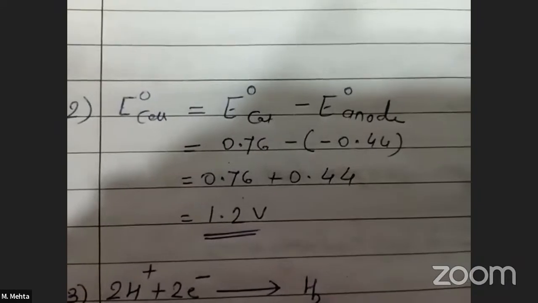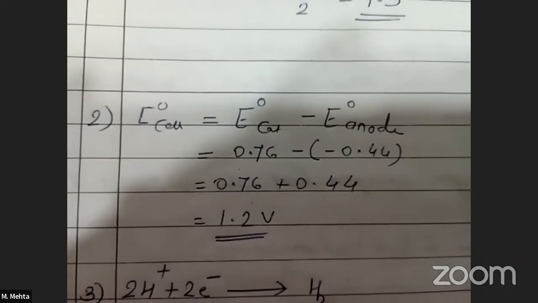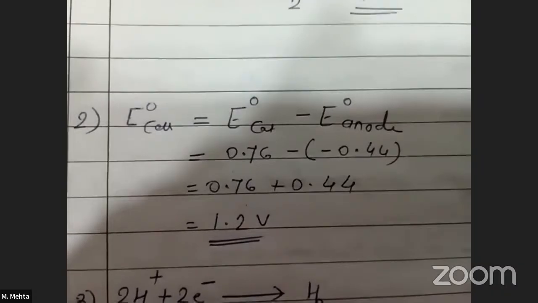From that we can decide E0 of cathode and E0 of anode. The positive value will be E0 of cathode and the negative value will be E0 of anode. The formula is E0 of cell is equal to E0 of cathode minus E0 of anode. By substituting those values, you will get the answer 1.2 volt.